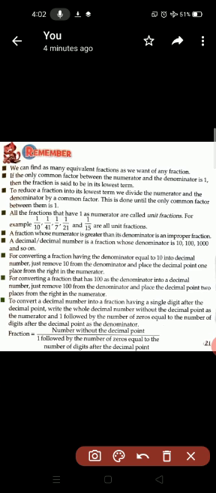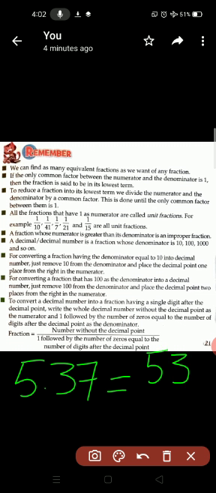If a decimal number is given, 5.37, then how to convert this decimal number into a fraction? First of all, write the given number without the decimal point as the numerator, and for the denominator, you should count the number of digits in the decimal part. Here 2 digits we have, 3 and 7, so we should write 2 zeros followed by 1 in the denominator.